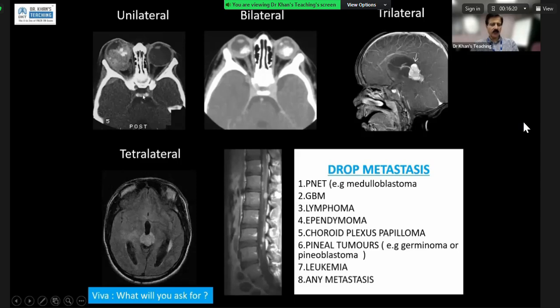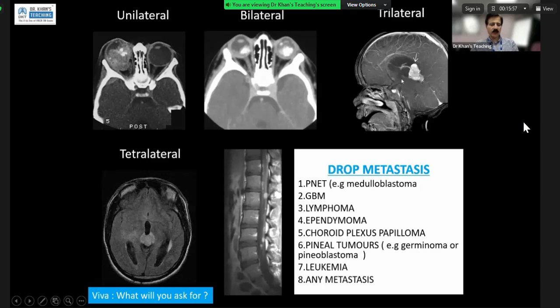But there is a concept other than the bilateral that these tumors can be associated with a pineal tumor. Then we call it trilateral. And many a times there will be a tumor in the suprasellar region. Then we call it a tetralateral retinoblastoma.